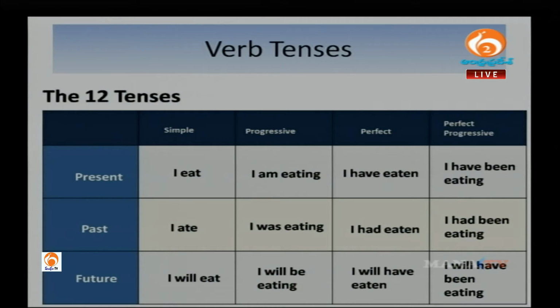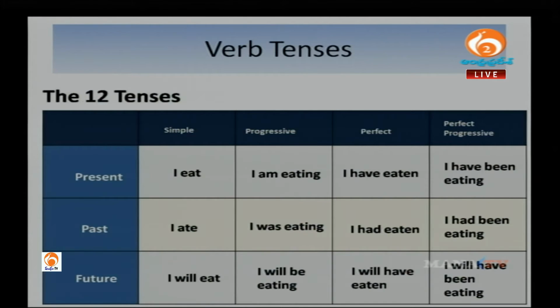It may not be specifically about completeness, it could be the state of the action, right? I am giving you a complete idea of the action by telling you the status of it, right? So here the status is I have eaten. If you notice, I have added the word have, and I use the perfect form of the word eat, which is eaten. I have eaten would be present perfect tense.